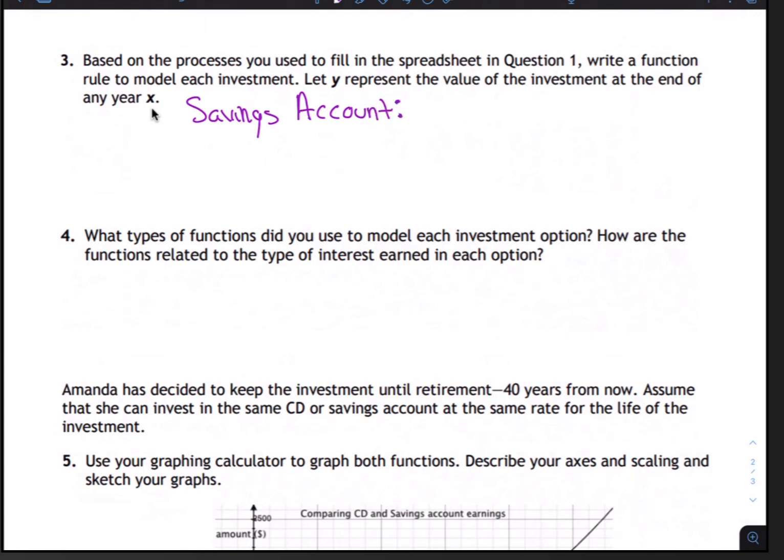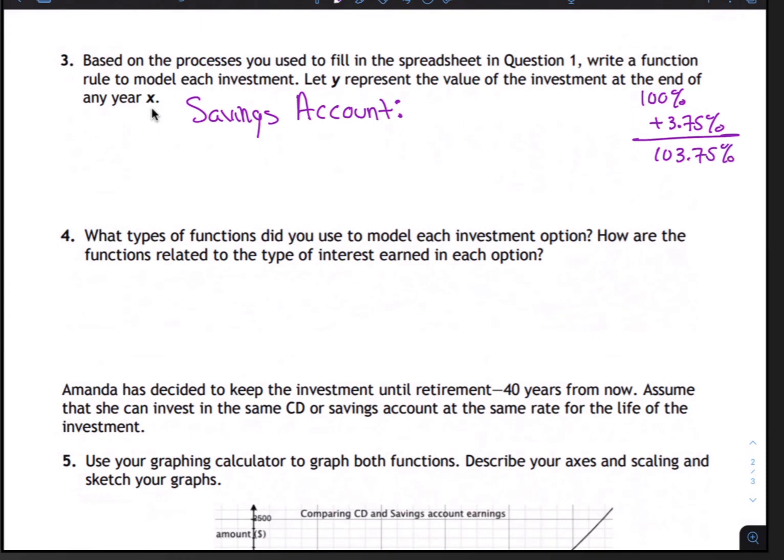Now, you might recall from previous lessons that if you're multiplying by 0.0375 every year, you always have to add that to 100%. So think of it as starting with 100%, adding 3.75%.